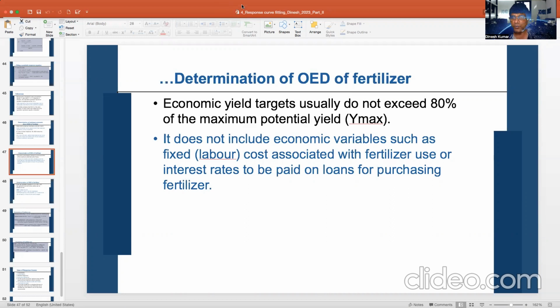It does not include economic variables such as fixed cost associated with fertilizer use or interest rate to be paid on loans for purchasing fertilizer. It is just concerned with one particular fertilizer. It is not taking into account the total economics because there may be other costs of cultivation also. It is one variable, there can be several variables. So it is restricted only to the fertilizer.